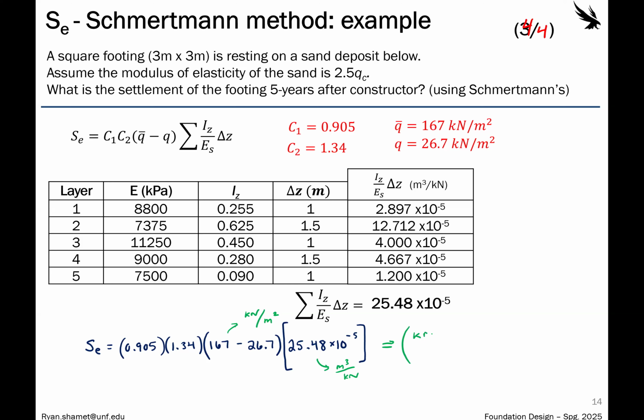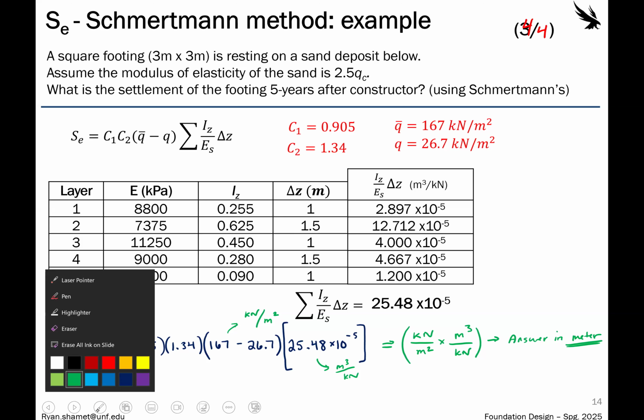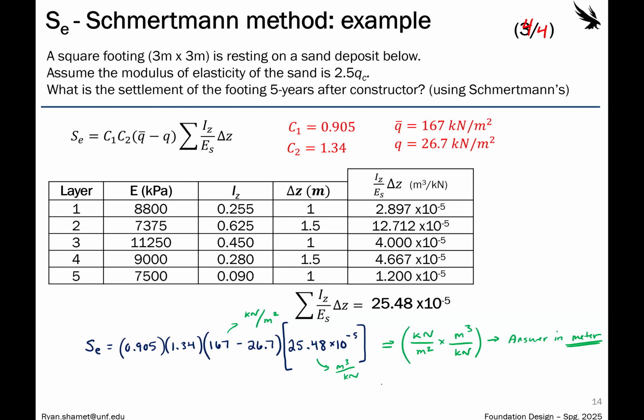So what this equals is kilonewtons per meter squared times meter cubed per kilonewton, so our answer will be in meters. We should hopefully expect a small answer here. So SE, our elastic settlement, is going to be 0.04335 meters. This is what Excel will tell us.